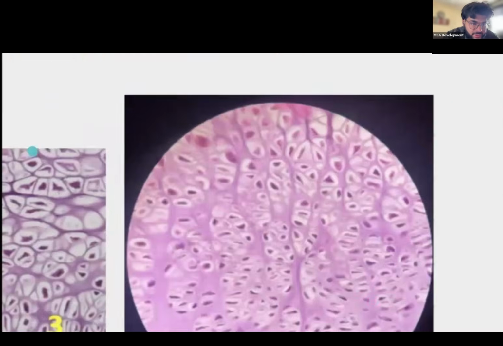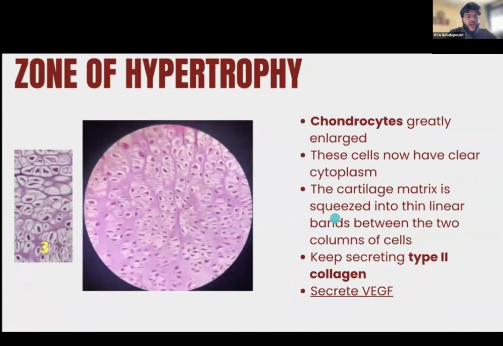Over here, you can see it again. This is your cartilage matrix, and it's squeezed into thin bands between the cells. And over here, the cells continue to secrete type 2 collagen. But in addition to this, they also secrete your VEGF. What is VEGF? VEGF is your vascular endothelial growth factor. What it basically does is recruit blood vessels to allow for blood supply to the new bone.